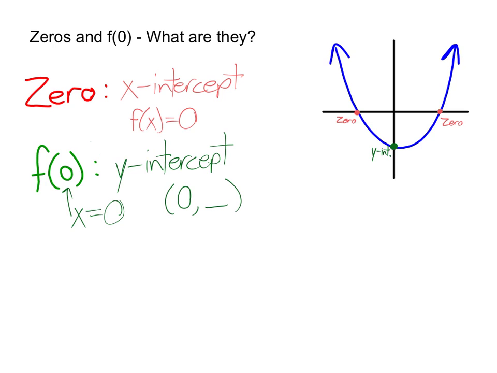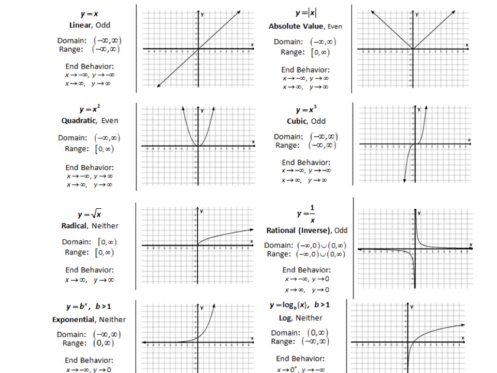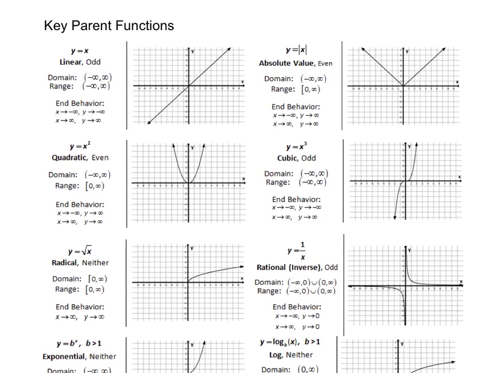All right. Now, you know that whole thing we started the day with, looking at the parent functions? I wanted you to explore a little bit, but notice they're all listed right here. You have linear, absolute value, cubic, quadratic.